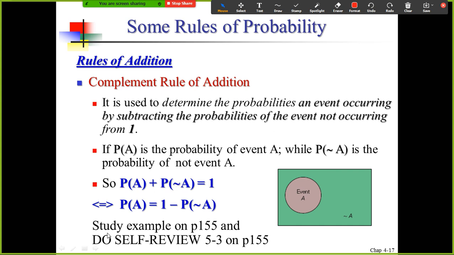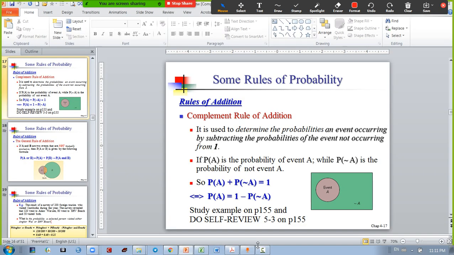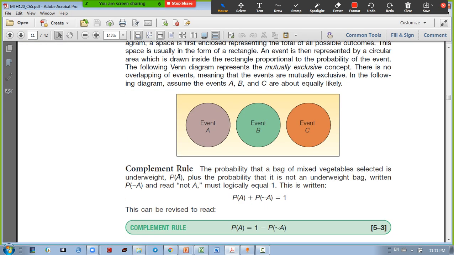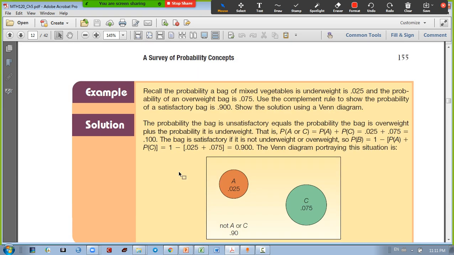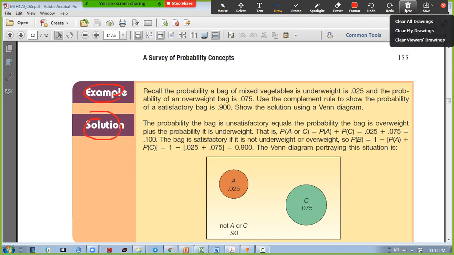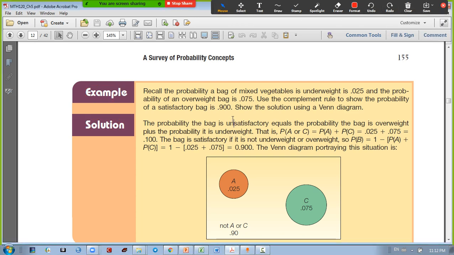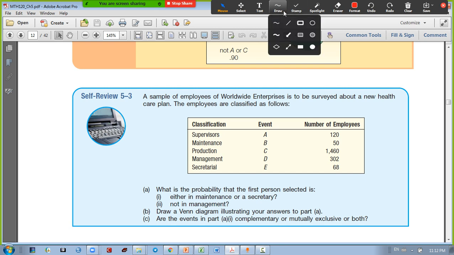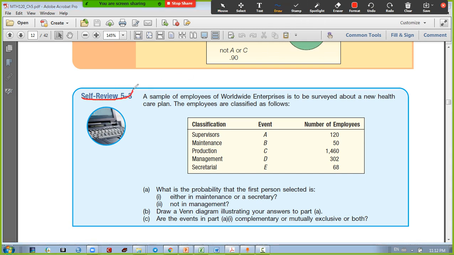Okay, now we're going to study the example on page 155 of your textbook and Self Review 5.3 on page 155. This is the example, this is the solution, and this is Self Review 5.3.